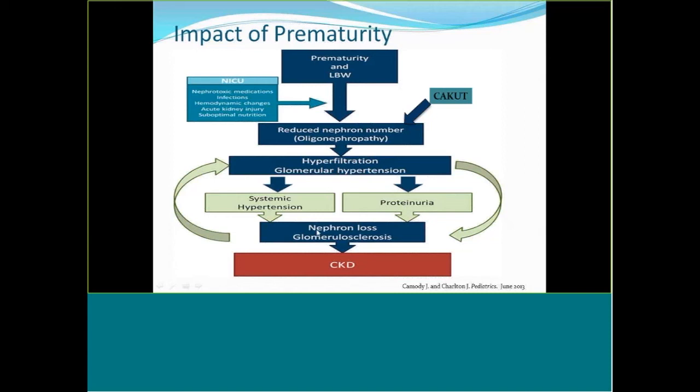You lose even more nephrons as they sclerose, and you end up with chronic kidney disease. The point of this talk wasn't so much about this, but I did want to touch on that when you complicate CAKUT with all these other things, it just puts the kid even more at risk for developing chronic kidney disease.